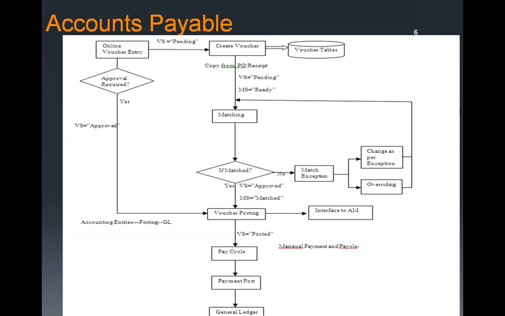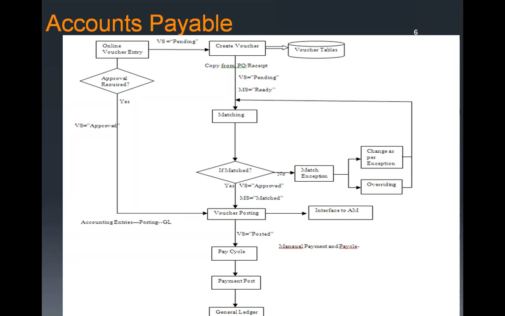Yeah, the matching process will be done between the voucher and the PO. The PO is simply the requisition request form, saying you need this much of goods. Once the matching process is done, the next step is, as usual, voucher posting. What if the matching process fails?